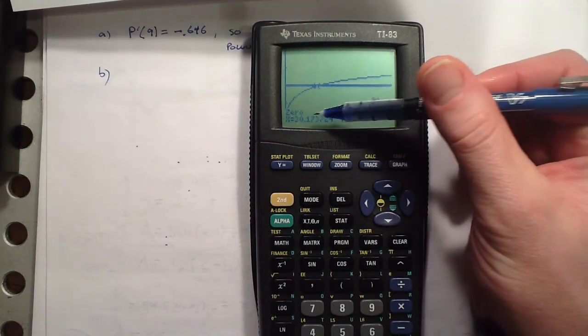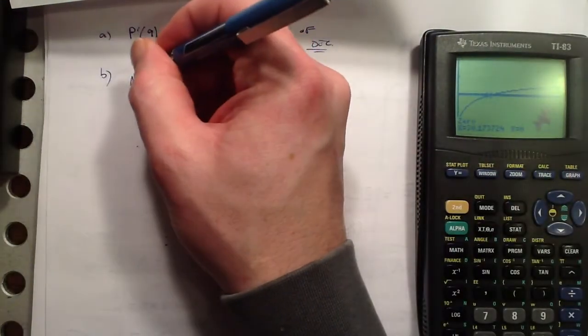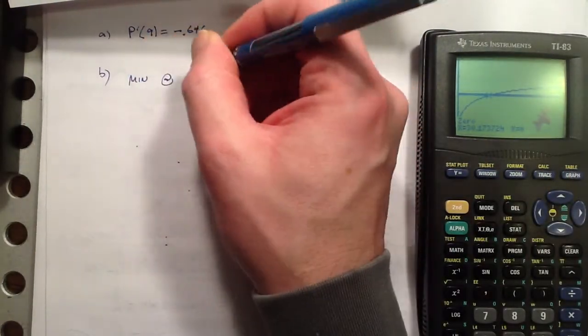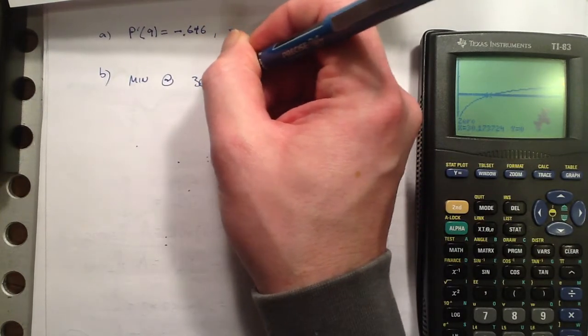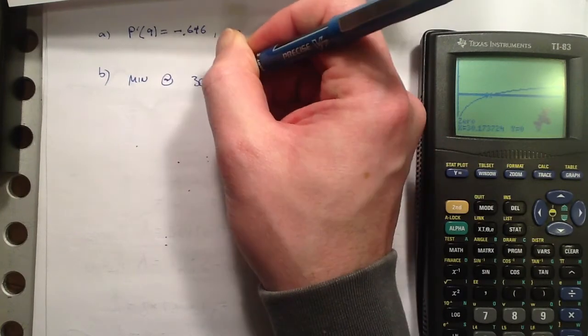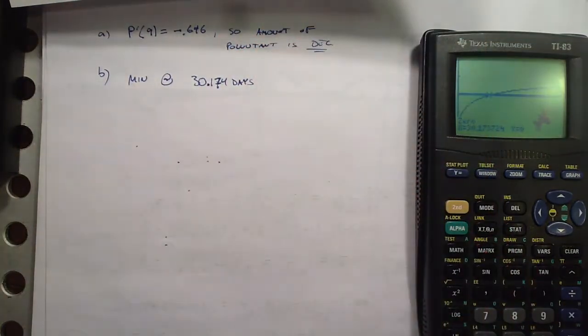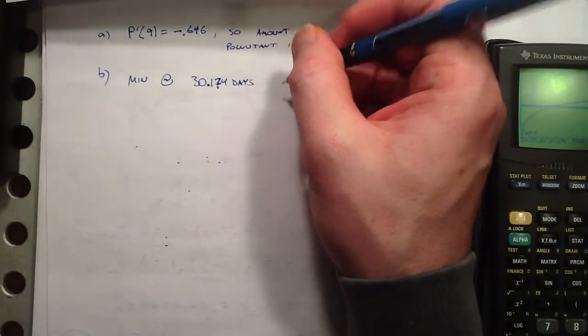So it looks like at 30.174 days, minimum at 30.174 days. Mark your calendars. That's when you want to go for a swim. In 30.174 days. Why is that a minimum?